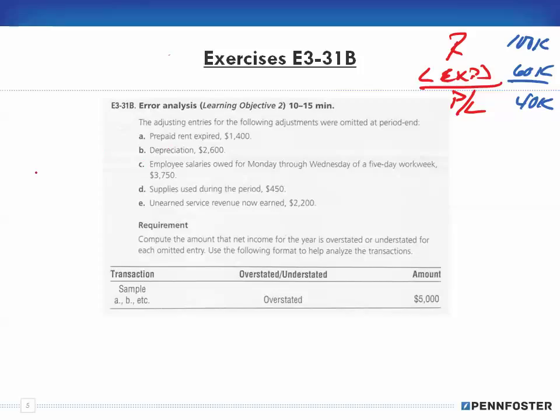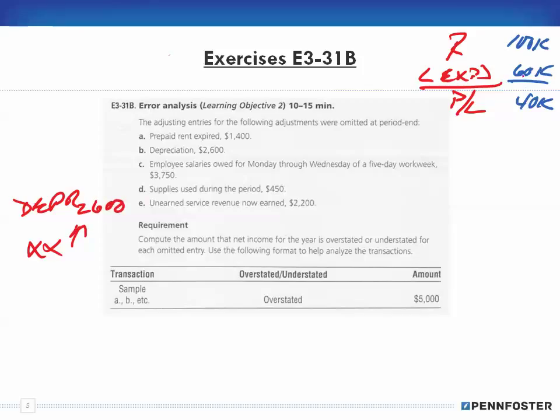So for depreciation, what kind of entry would I have made? Well, my depreciation expense would have had whatever amount in it. And if I'm supposed to depreciate it 2,600 and I didn't, if I did make the entry, I'd increase my depreciation expense by 2,600, right?